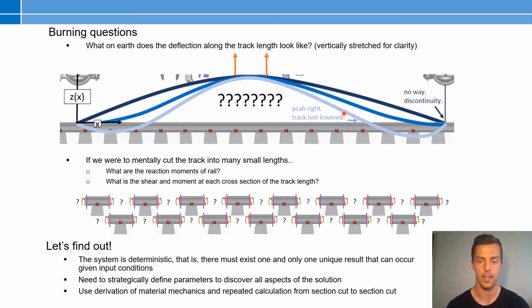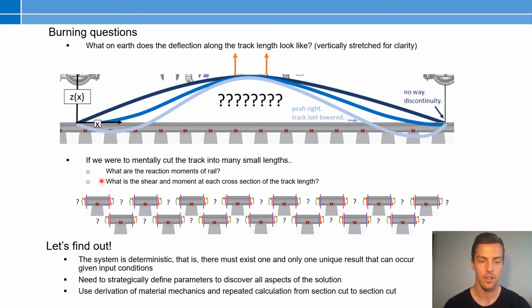So to look at this in detail and analyze it, we need to do one thing, and that is to mentally cut the track into many small segments. They say that the only way to eat an elephant is one bite at a time. So that's what we're doing here, right?